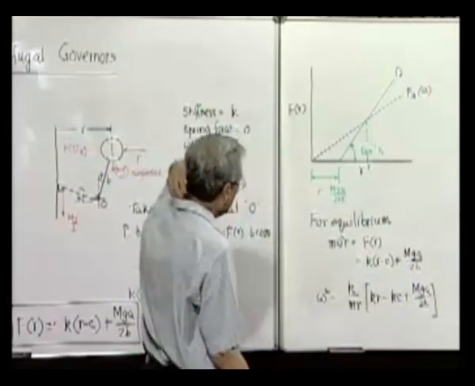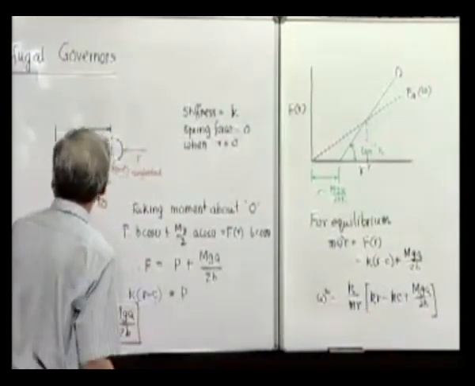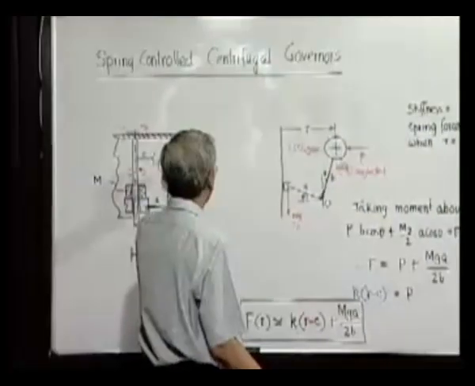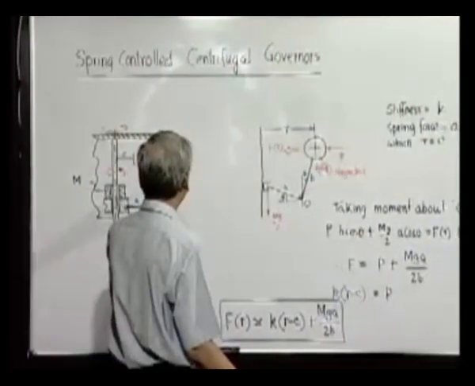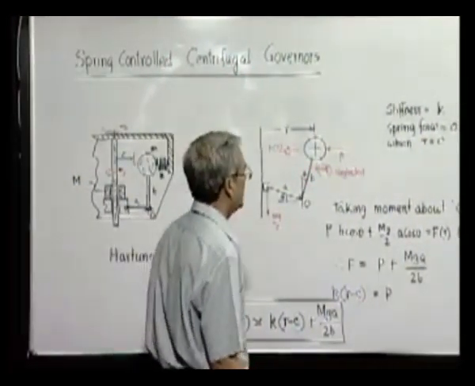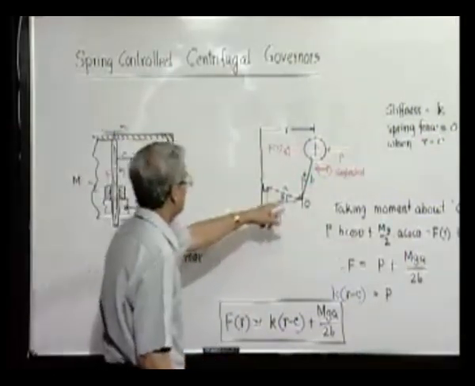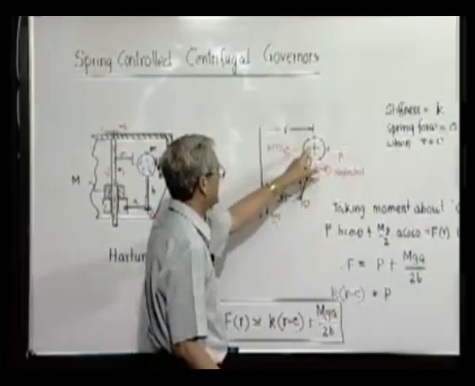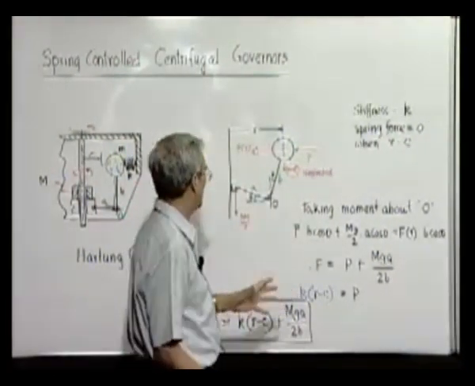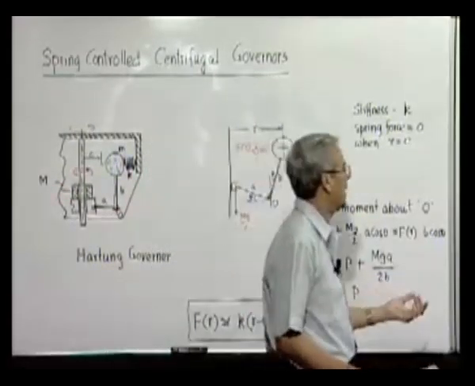Now you see, there is a possibility, because this quantity, the original length of the spring, the stiffness of the spring, the lengths of these bell crank levers A and B, these are all adjustable things which we can control at our will.